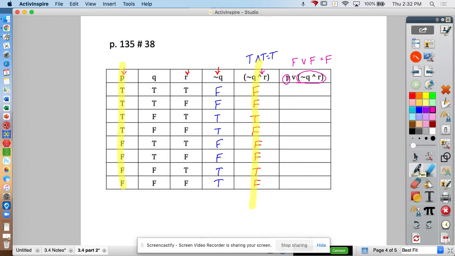And I'm looking for false or false between those two yellow columns. So no, no, no, no, yes, yes, no, yes. So those three are the ones that follow the rule. And then, of course, if it doesn't follow the rule, it's going to be the opposite value, which happens to be true. Okay?